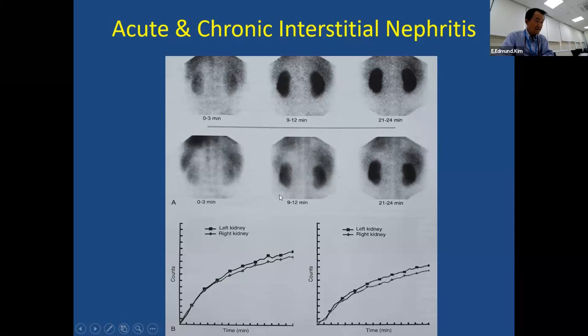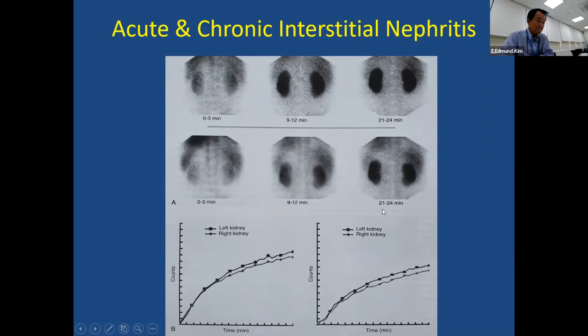Lasix inhibits the reabsorption of sodium and also increases the peristalsis of the ureter. It's stimulating the vagus nerve, which is around the ureter, which makes a peristalsis. So as long as there is a tubular function, there is some activity coming into the urinary tract.